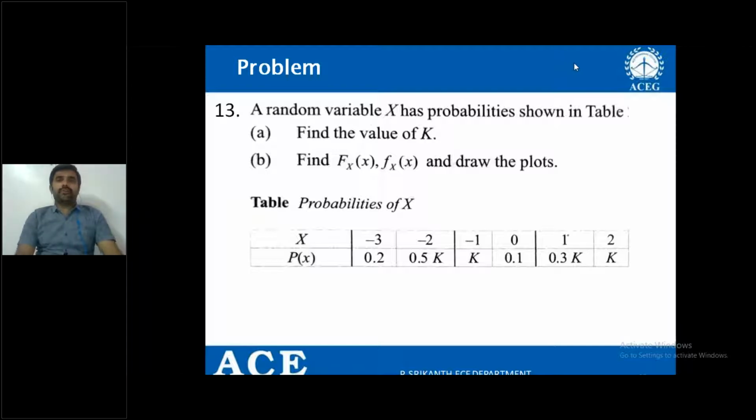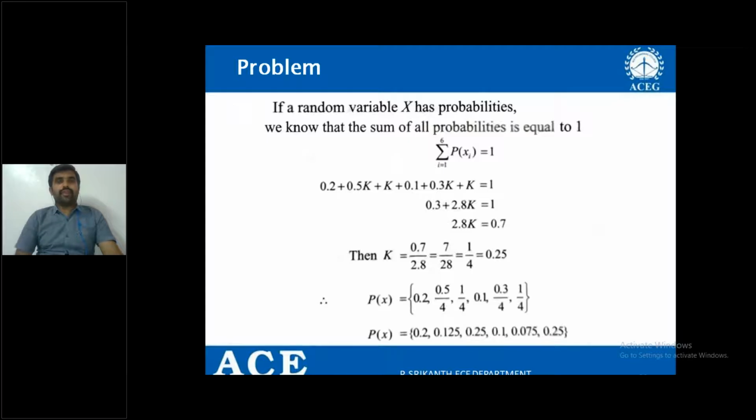Let us take the help of the properties of PDF. As per the property of PDF, we can write that the total sum of all the probabilities must be equal to 1. We are aware of this particular property.